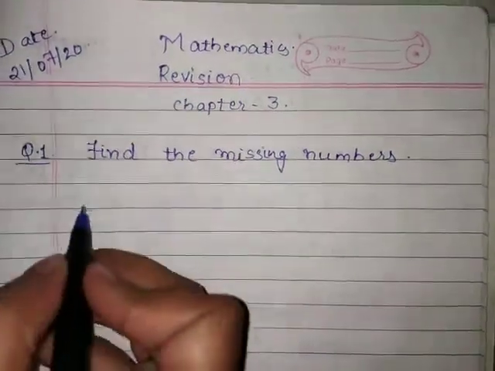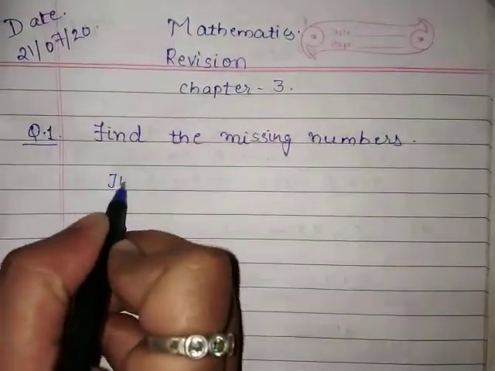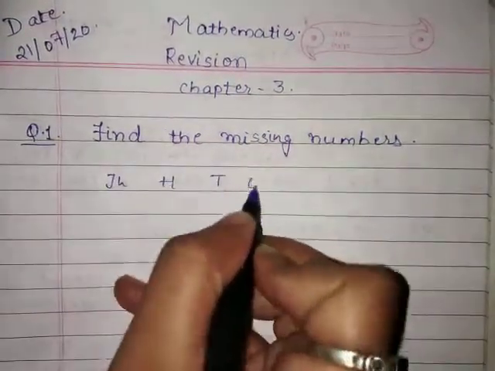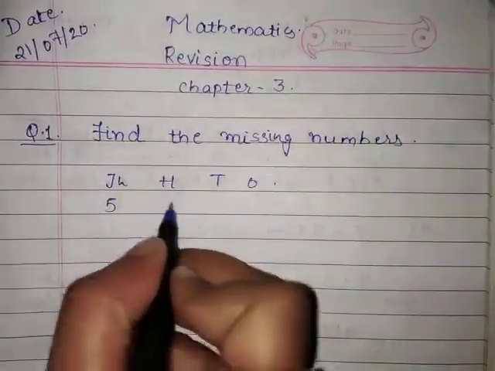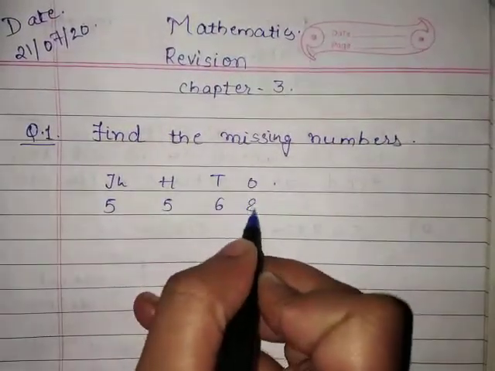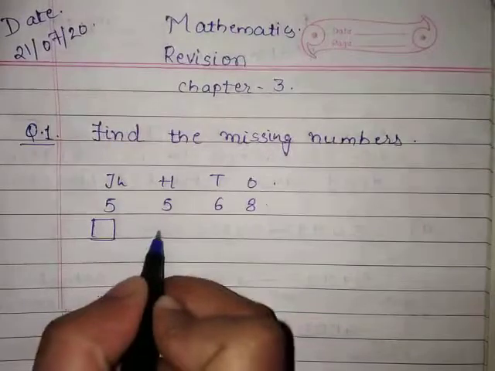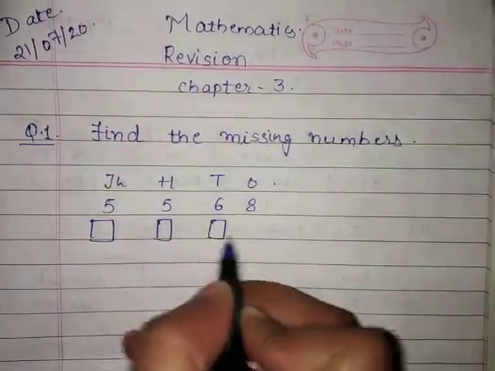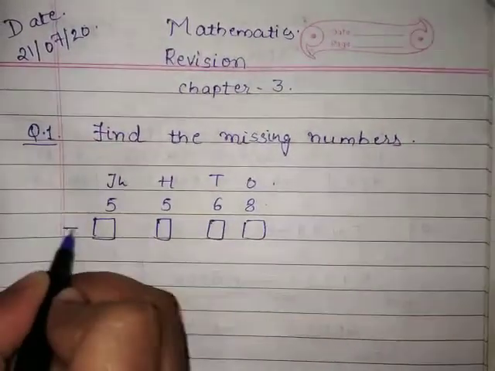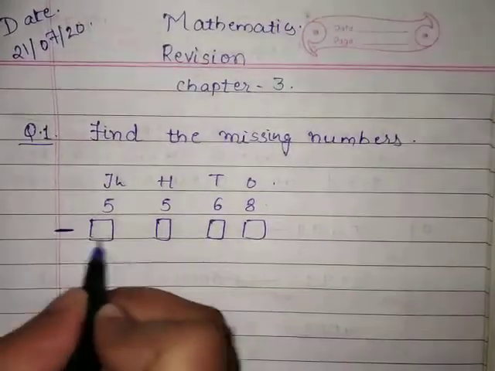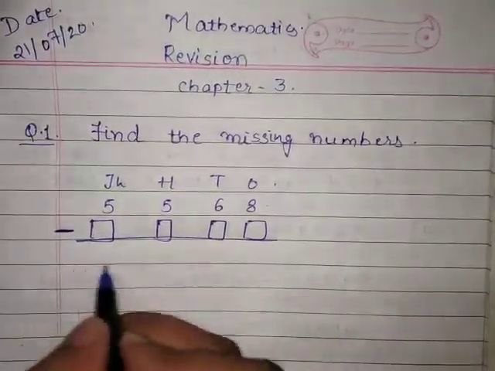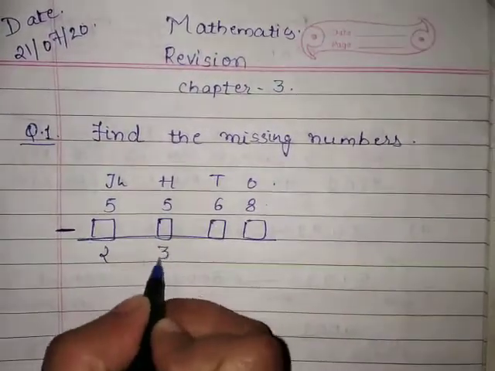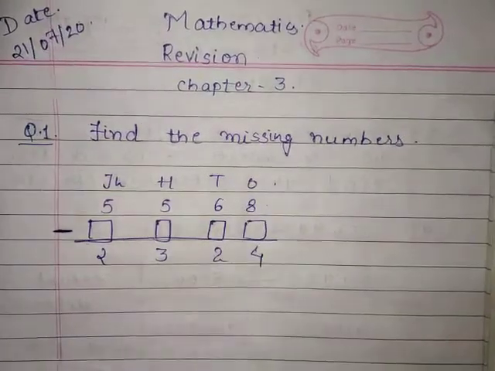So here question number first is 5568, minus the missing number, and as this is subtraction we have to write the sign of subtraction, and the answer is 2324.